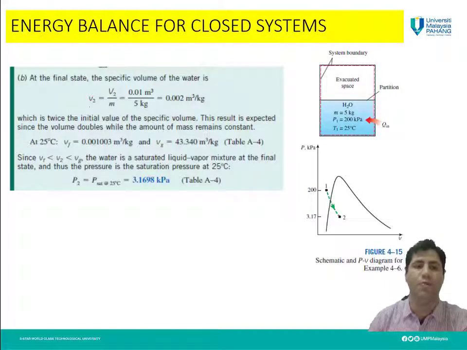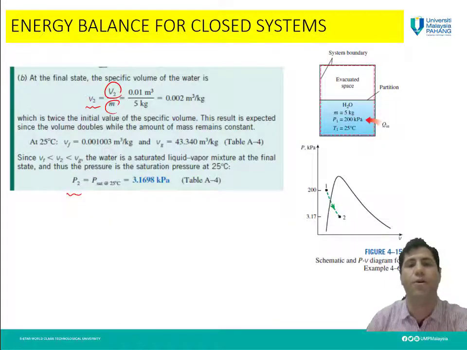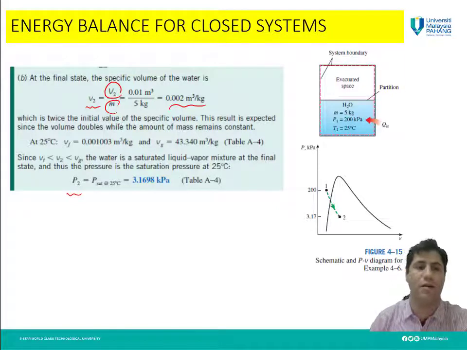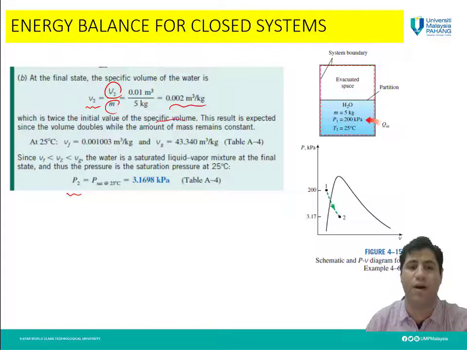In part B, we are going to find P2, the final pressure in the tank. How can we reach that? First, we calculate the specific volume for the final state. According to the volume which we have calculated here, and the mass, v2, the specific volume for state 2, will be 0.002 meter cubed per kilogram, which is twice the initial value of the specific volume.